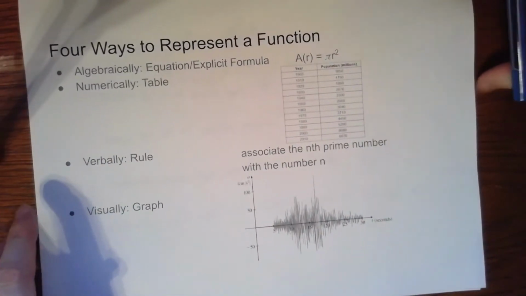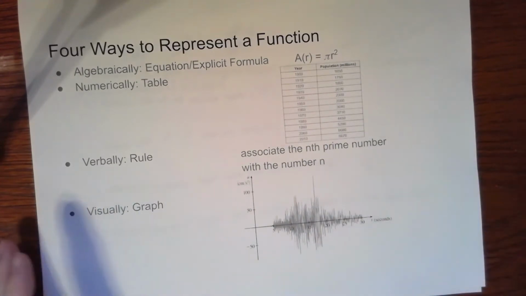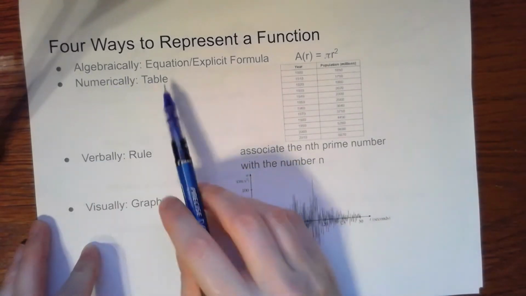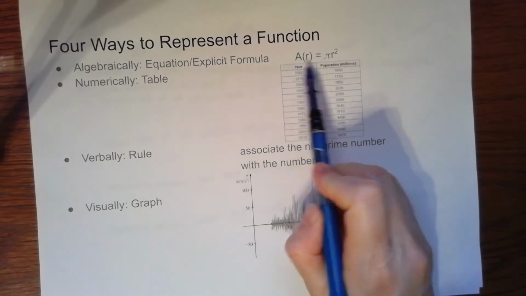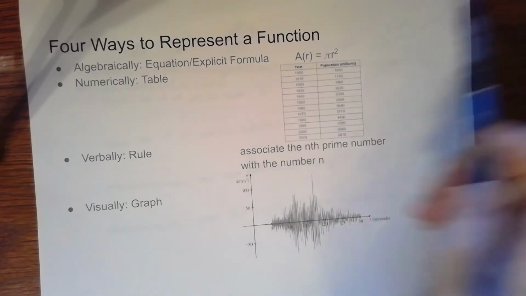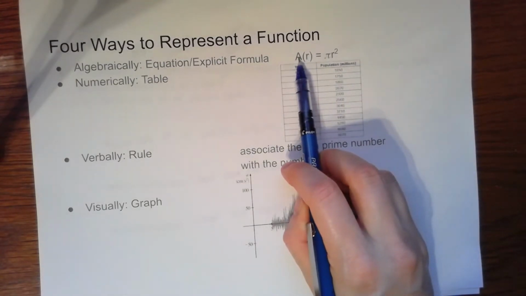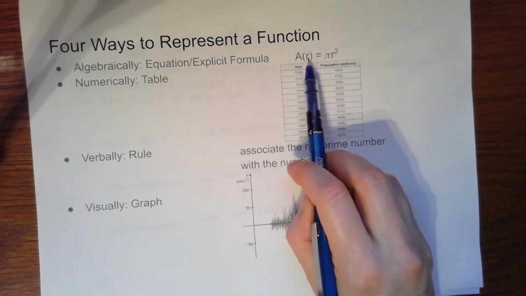So now that we know what a function is, there are several different ways that we've seen in the past that we can represent functions. Probably the most common way is to represent them algebraically in some kind of an equation or explicit formula, like this formula right here that gives us the area of a circle. Our function A, that's the name of the function, and then in the parentheses we show the variable r.